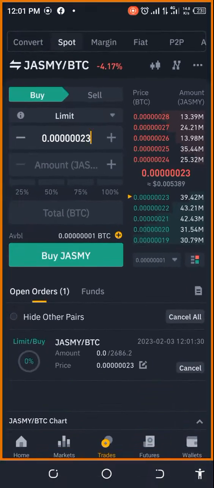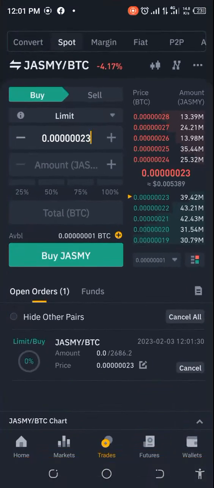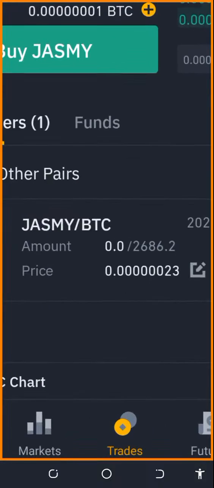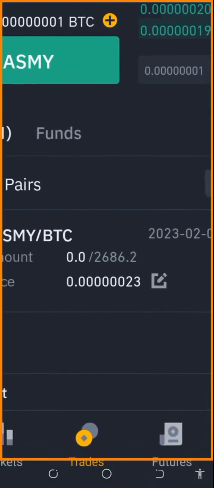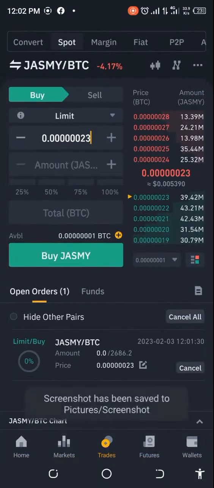This might not take so long, it may take long, we don't know, but currently we're in the queue. We have 2682.2. That's what we have currently, and we're going to see how this goes. I'll be back to give you the results.